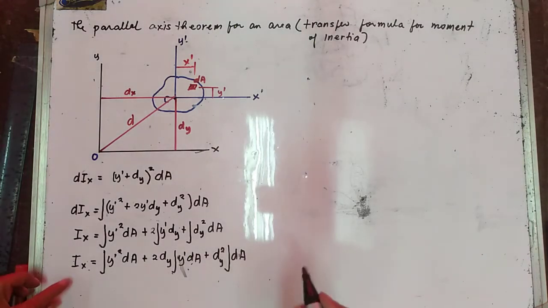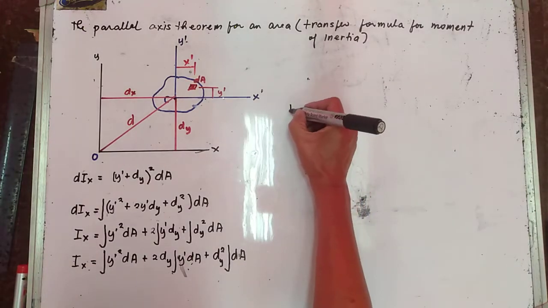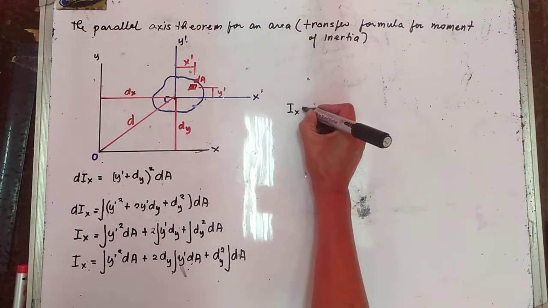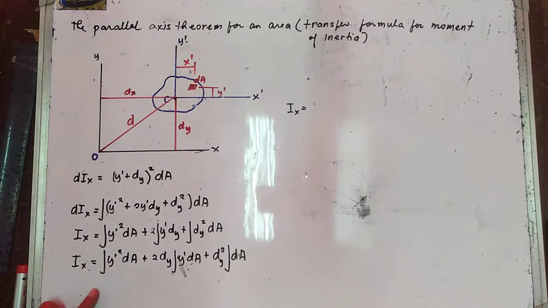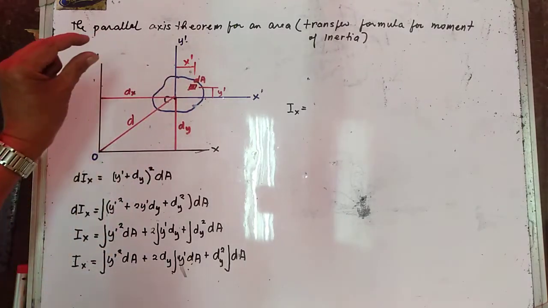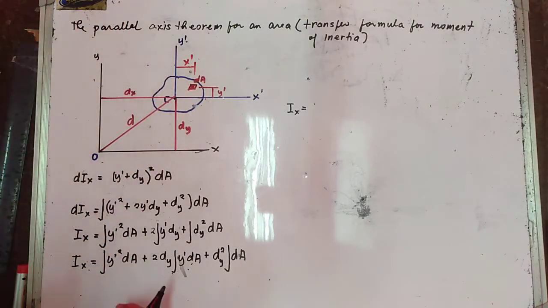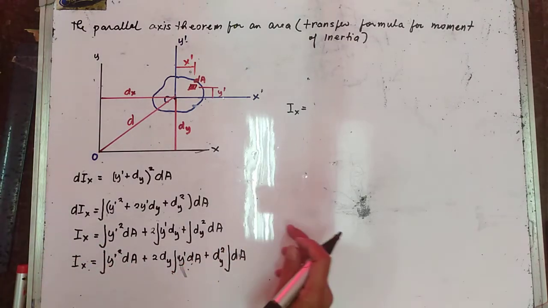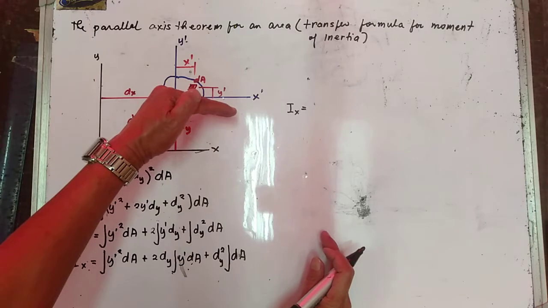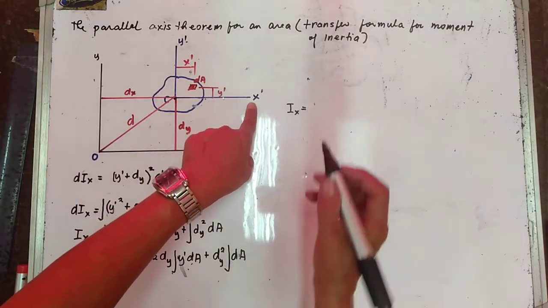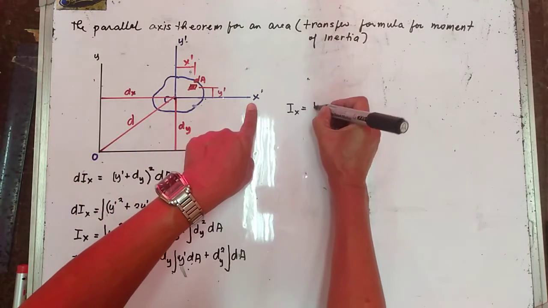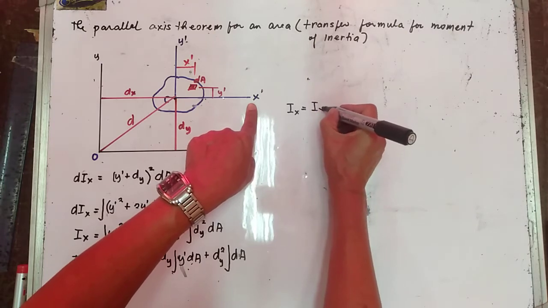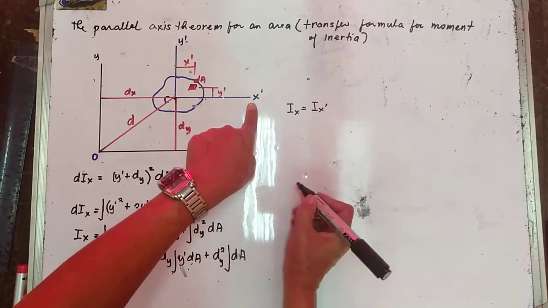So that we now have your Ix in here is equal to the integral of y prime square dA, which is the moment of inertia about the x prime axis.